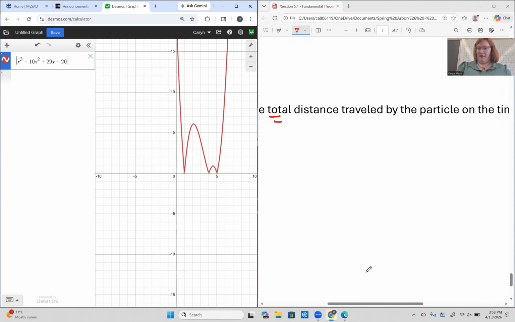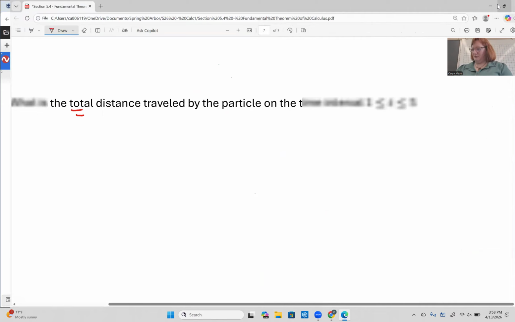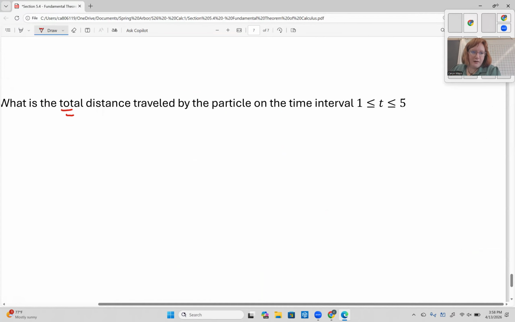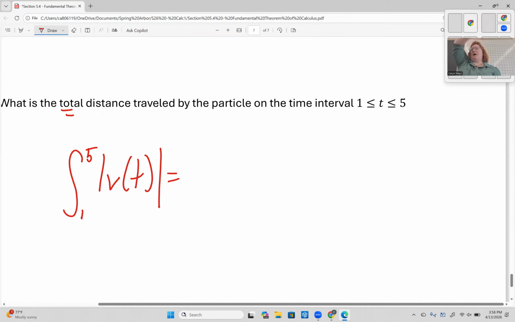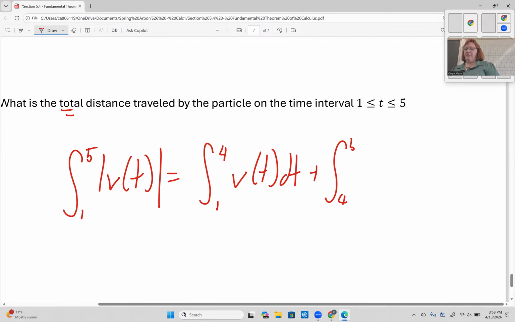So just quickly writing out what we would need to evaluate. If I found the integral from 1 to 5 of the absolute value of v of t, we saw in that graph, it switched from positive to negative at 4. So I'd have the integral from 1 to 4 of the positive version plus the integral from 4 to 5.